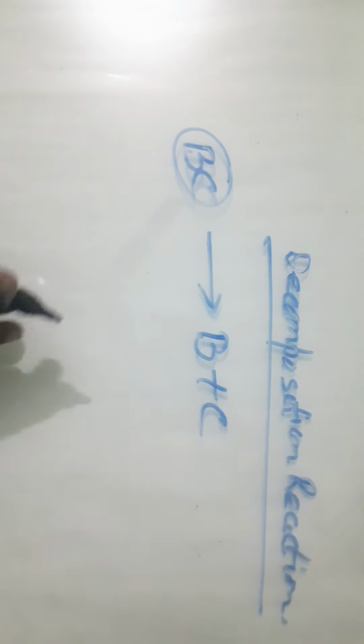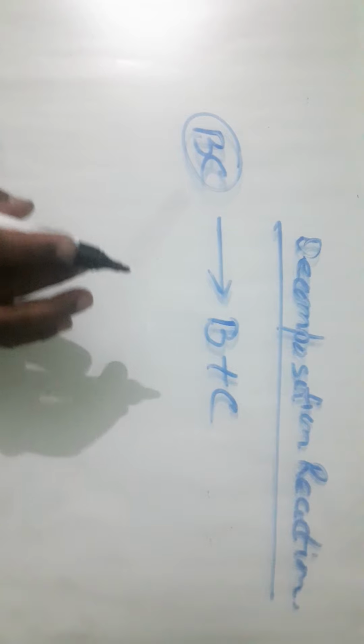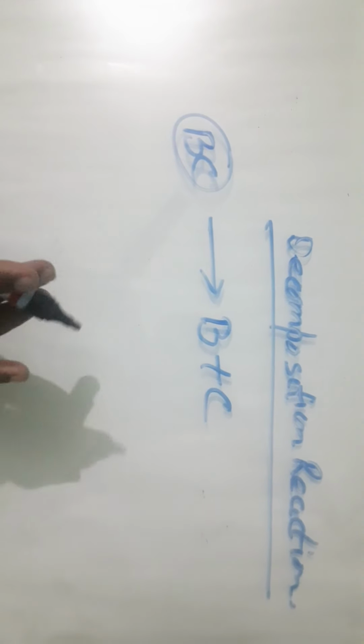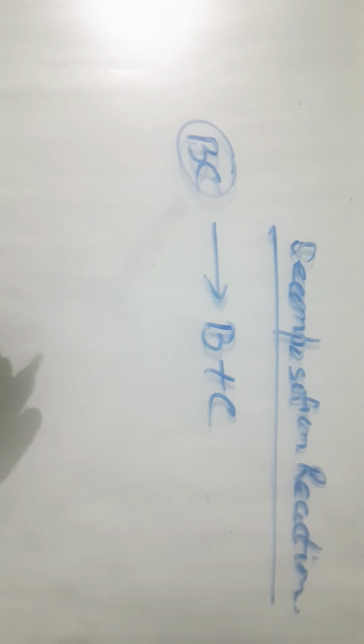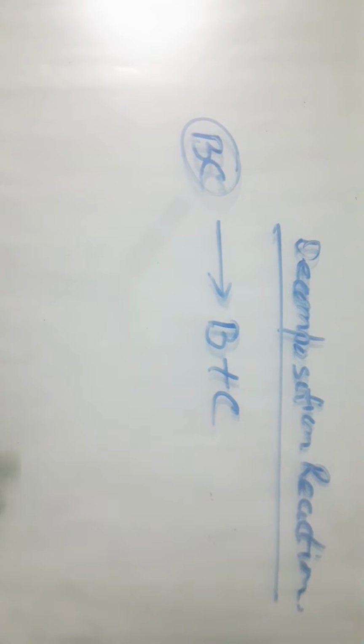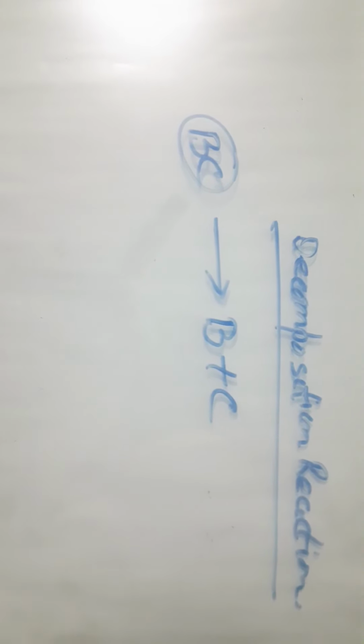This type of reaction is known as decomposition reaction, or you can say those reactions in which a compound breaks down into two or more substances are called decomposition reactions. These reactions are exactly opposite to the combination reactions.